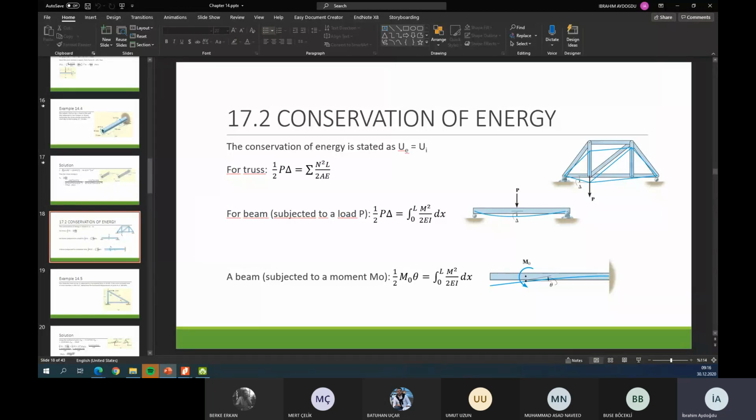Did you watch the video? The offline video? Yes. I am not sure. Yes. I'm not sure if this is clear or not. If this video is not clear, I can explain a little bit. Hocam, I don't clearly understand this subchapter.